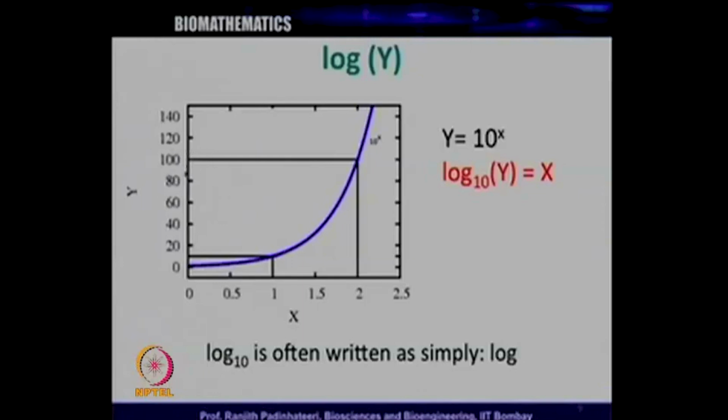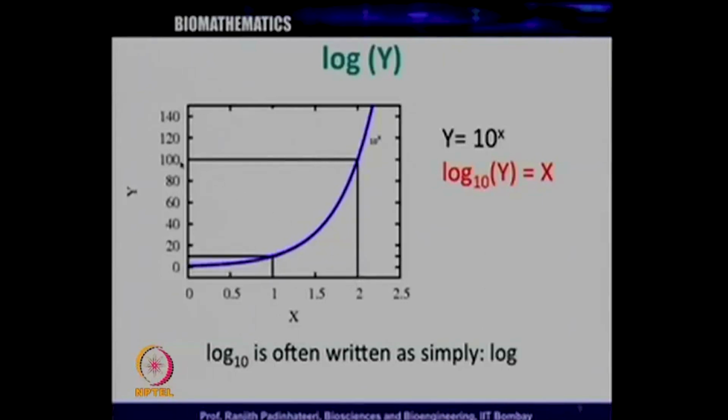So, to find the corresponding x value, you draw a line to the 10 power x curve, a line parallel to the x axis, and then draw a perpendicular line to touch the x axis. This says that for 100, the corresponding x value is 2.